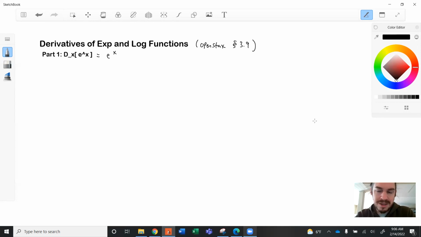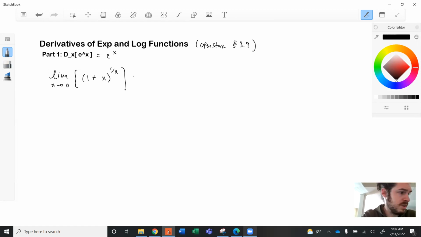Before we really dive into that, we need to discuss an important limit. There is a limit we're going to be using for this proof, which is this one: the limit as x approaches 0 of (1 plus x) to the power 1 over x.